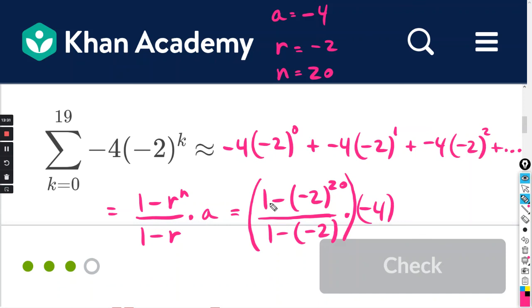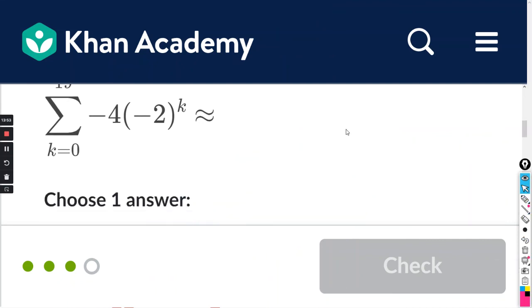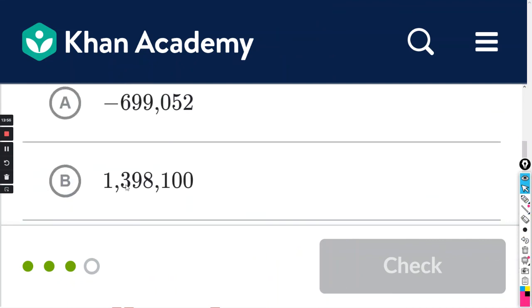So on the calculator, I'll do the numerator first, hit equals, divided by parentheses, 1 minus negative 2, hit equals, and then times negative 4 at the end. I get 1,398,100. Let's look at the choices. There you go, answer B.